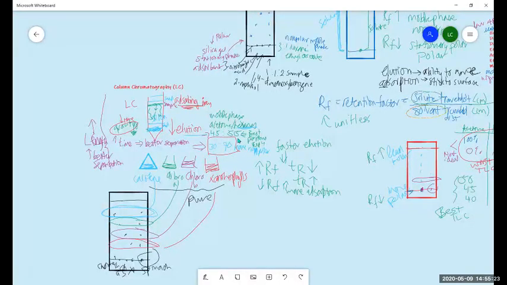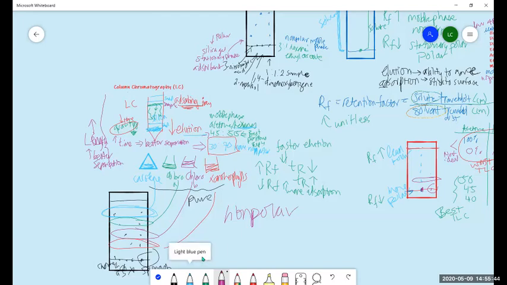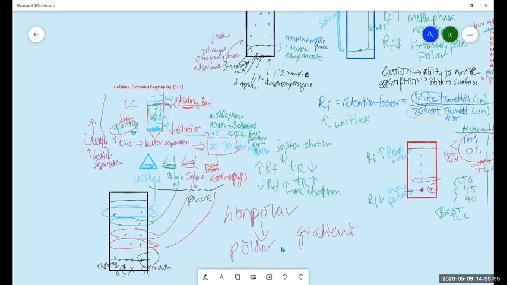So maybe you started with 30/70 and then gradually increased the amount of acetone, so you made it 45/55. You can do a gradient elution. Not a huge important detail, but you could start more nonpolar, and as your nonpolar stuff comes out, if you wanted to speed it up, you make it more polar, so it speeds up and all you have left is polar stuff. So you could do a gradient elution here if you wanted to.